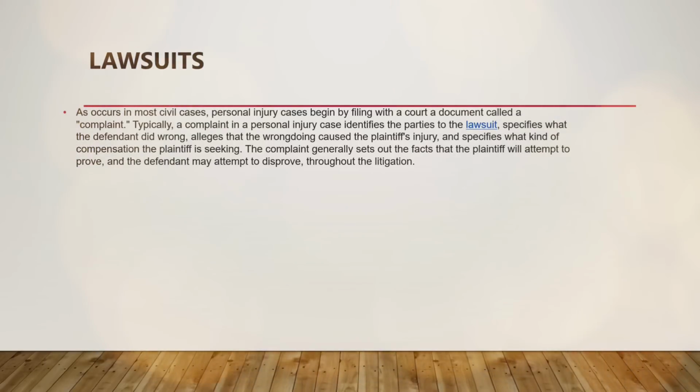Typically, a complaint in a personal injury case identifies the parties to the lawsuit, specifies what the defendant did wrong, alleges that the wrongdoing caused the plaintiff's injury, and specifies what kind of compensation the plaintiff is seeking. The complaint generally sets out the facts that the plaintiff will attempt to prove and the defendant may attempt to disprove throughout the litigation.